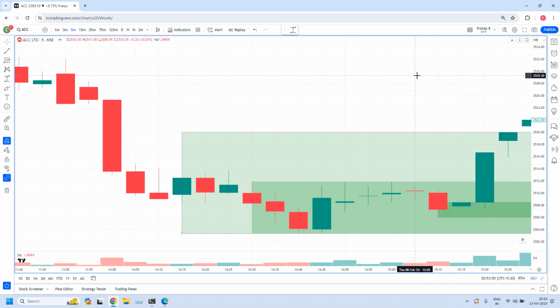So this is the 5-minute zone. If this 5-minute zone is perfect, a fine-tuned zone, then mostly this trade will work, whether you are taking the trade at the 75-minute proximal or the 15-minute proximal or the 5-minute proximal. It doesn't make any difference. It is only the risk that matters.